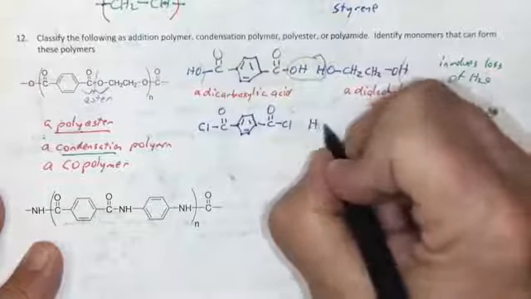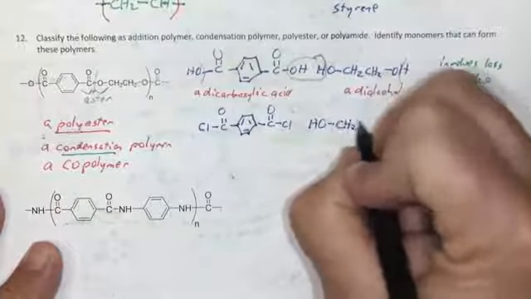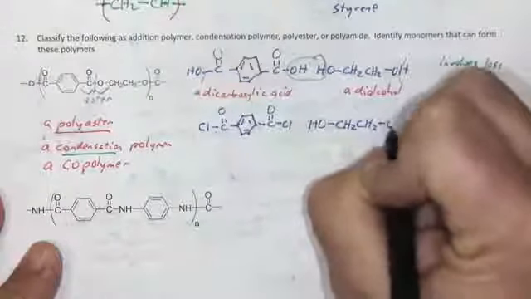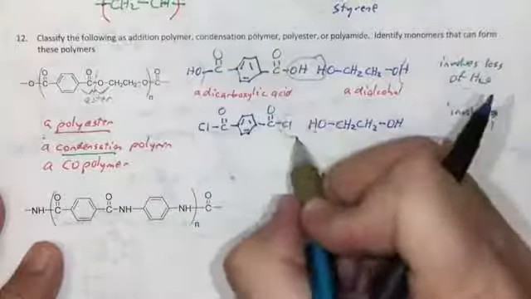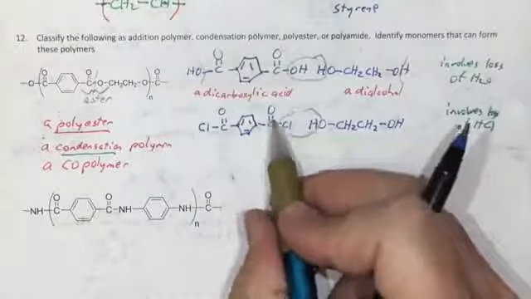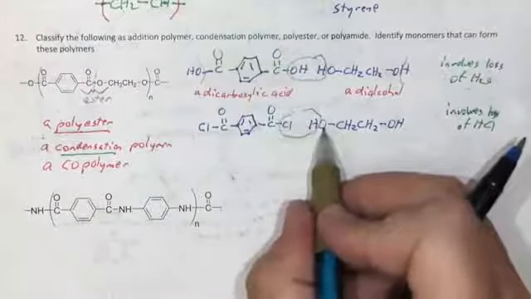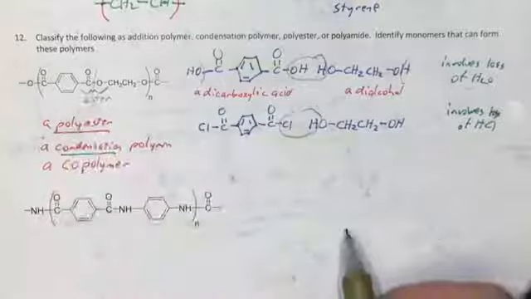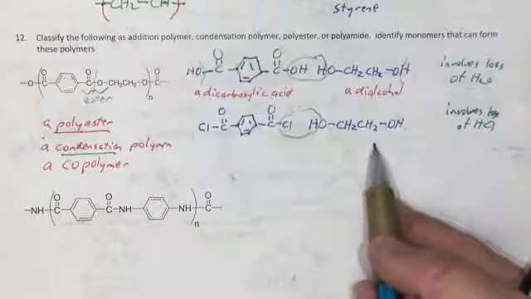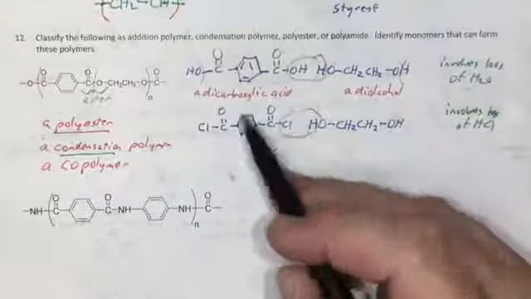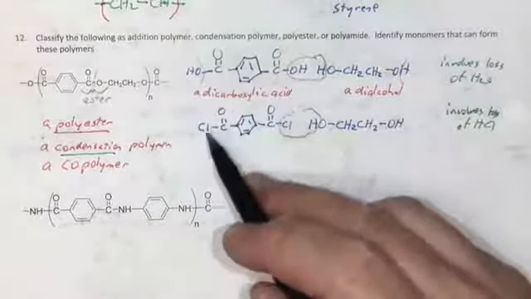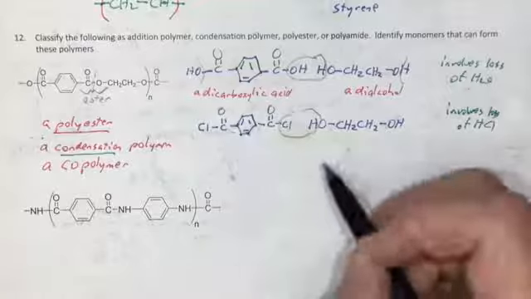Now we still have over here the dialcohol, and this time for the loss of HCl, it'll lose this HCl. This C double bond O becomes directly attached to this oxygen for an ester linkage. So those are two ways that we could form this polyester from either the dicarboxylic acid or this compound. Instead of having an OH group, there's a chlorine in each case.